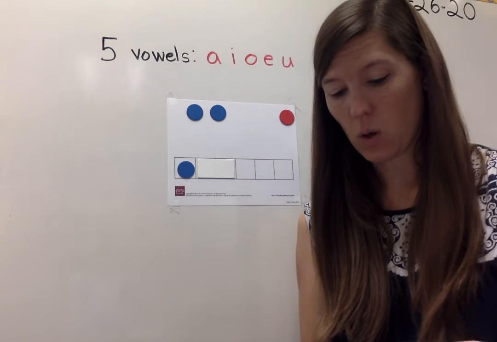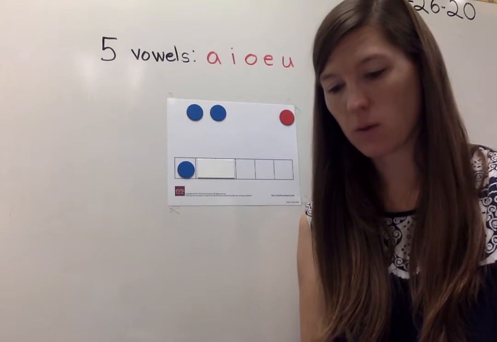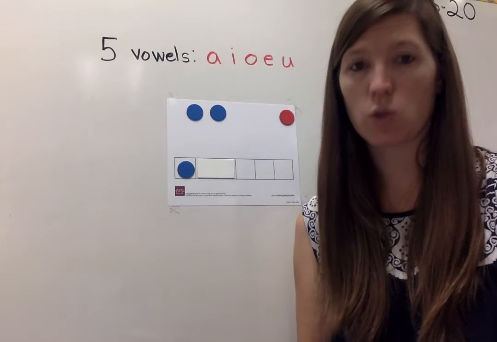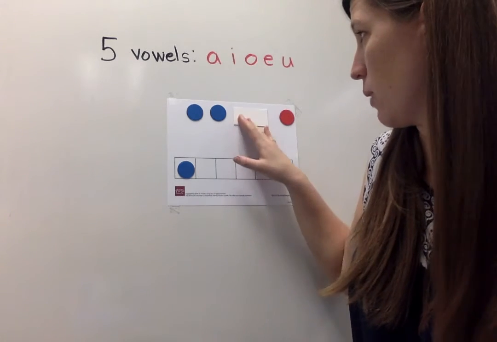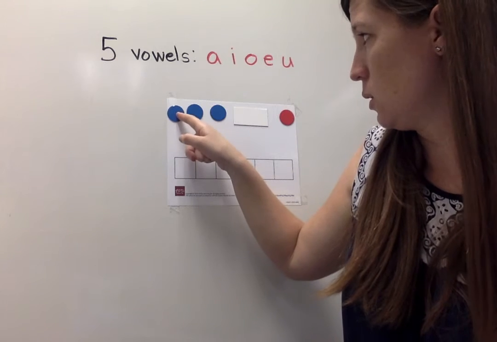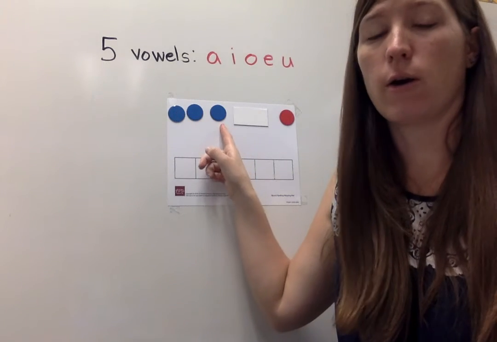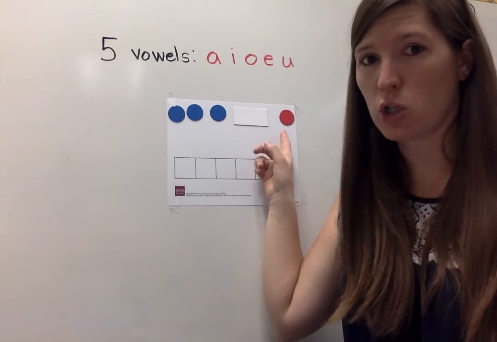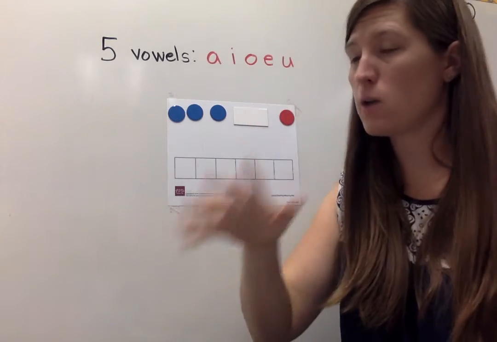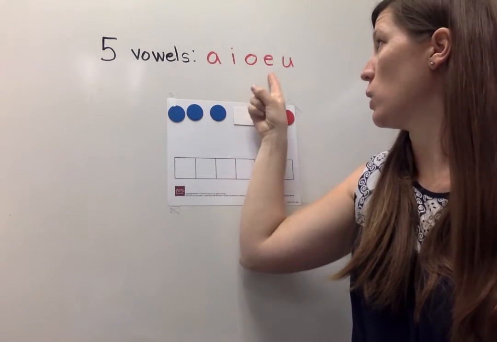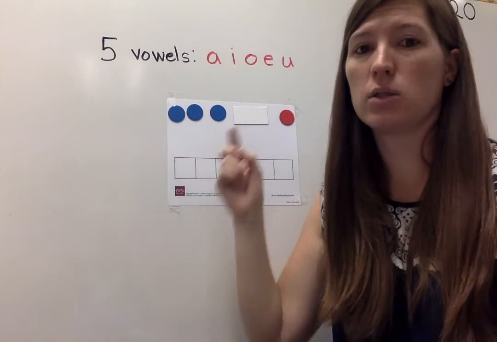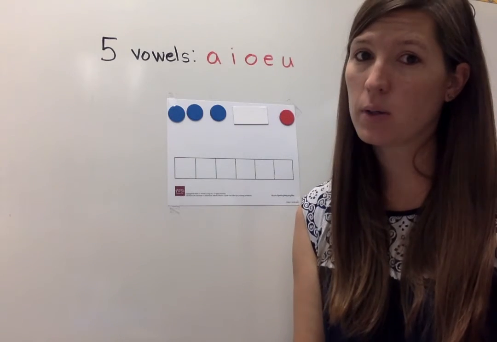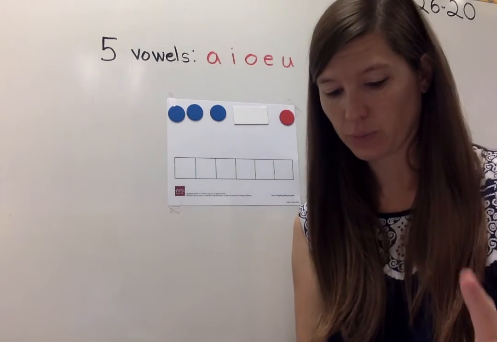Okay. One more example today, and we'll do some more tomorrow. Let me put these back in my ready position. The blue chips are for consonant sounds. The red chip is a short vowel sound. We have 5 vowels, A, I, O, E, U. The white rectangle is for the phonograms am or an.